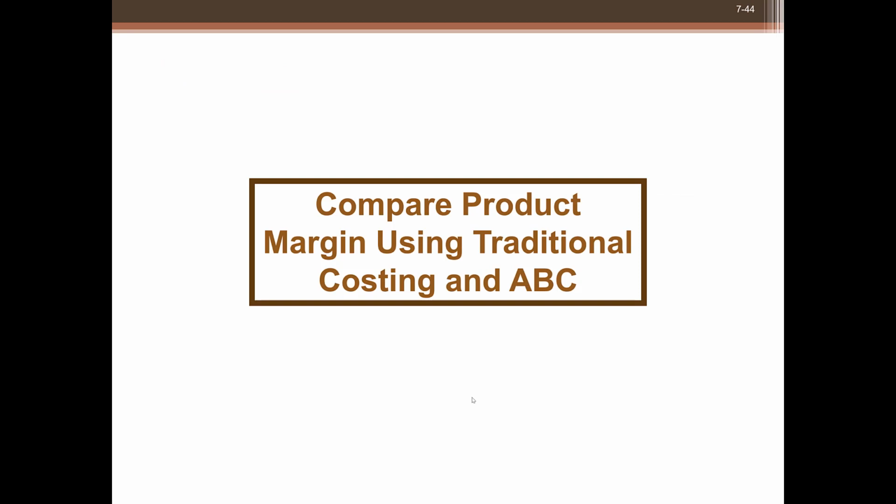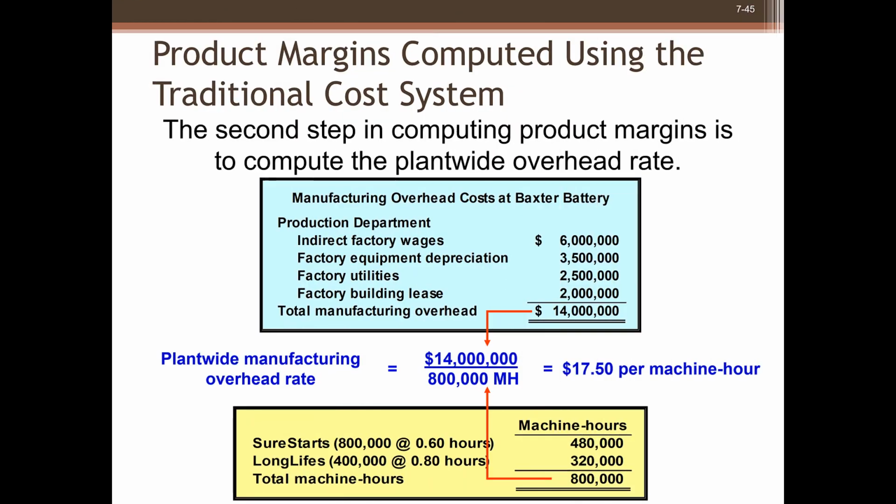Let's compare product margin using traditional costing and ABC. If we want to calculate the product margin using a traditional costing system, such as job order costing we've learned, the second step is to calculate plant-wide overhead rate.